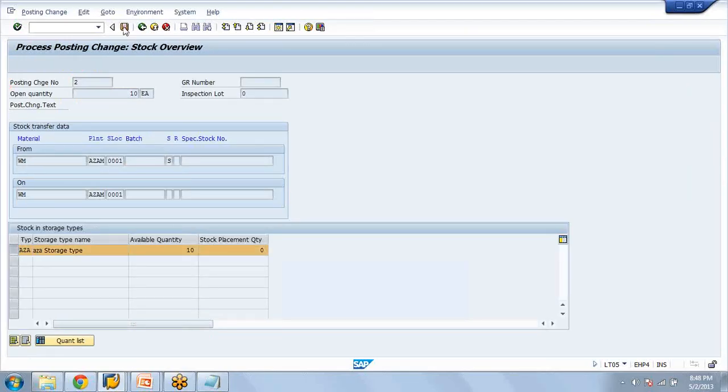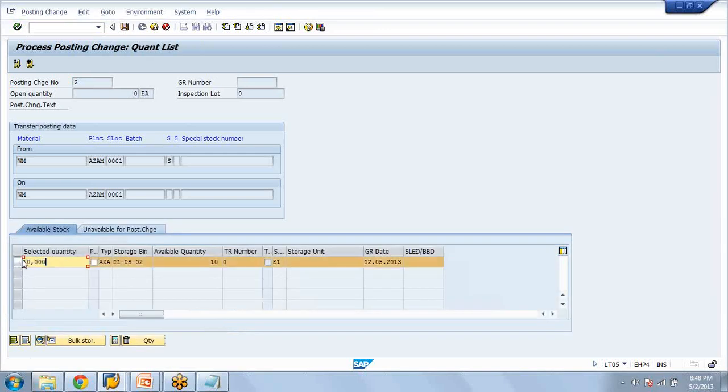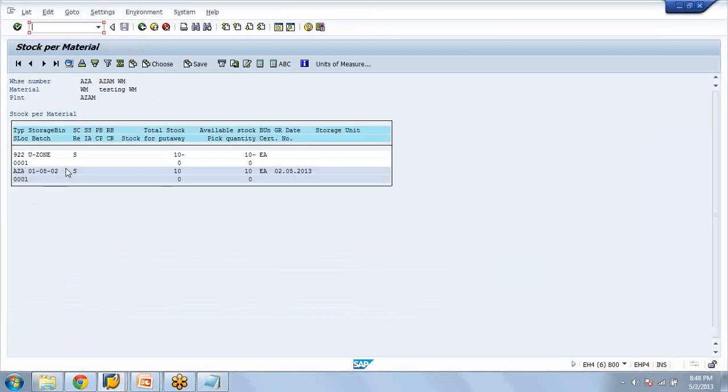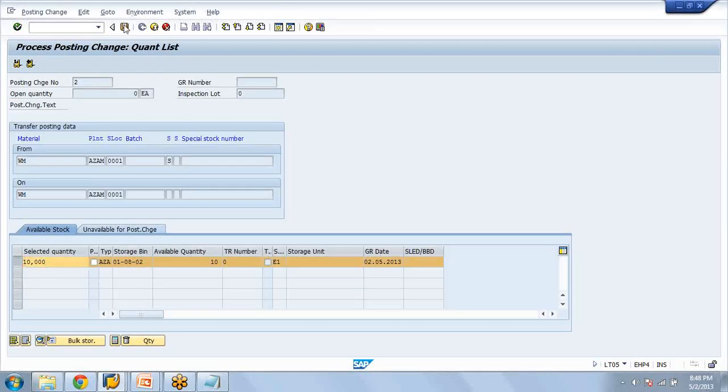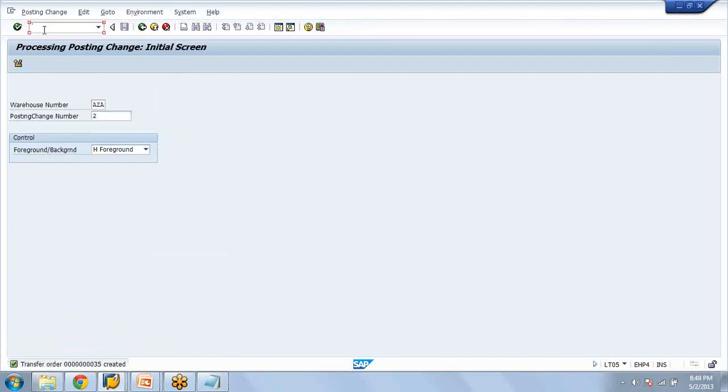So I save it. Here it takes from available stock and transfers to this storage bin, which is already here, just changing the stock category. Okay, save it. Transfer order 35 is created.